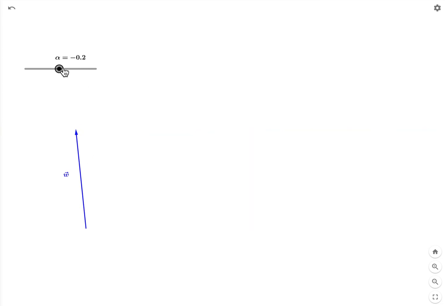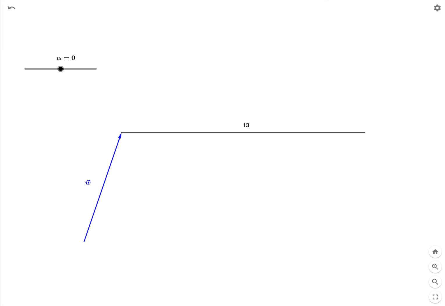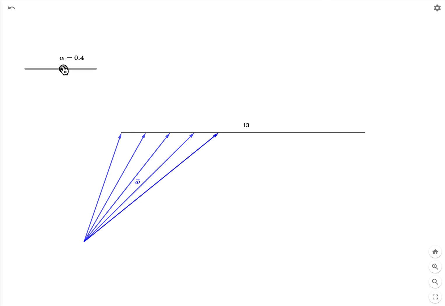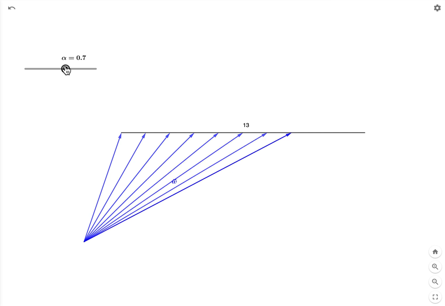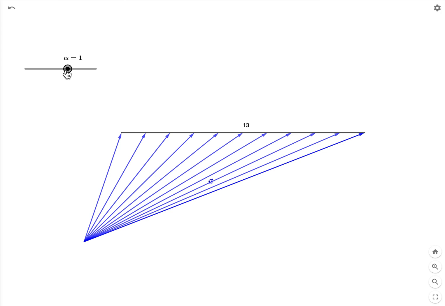Now, let me try to put it at 0 and then show you some segment of length 13. When alpha is 0, the vector starts at the beginning of the segment. And then as you go with alpha higher, you can get all different vectors that have the head at different locations of this segment.